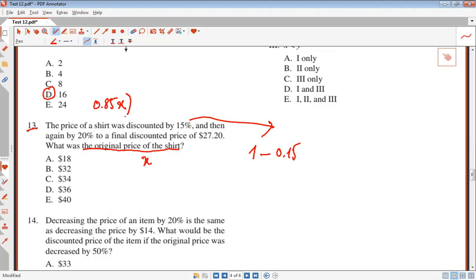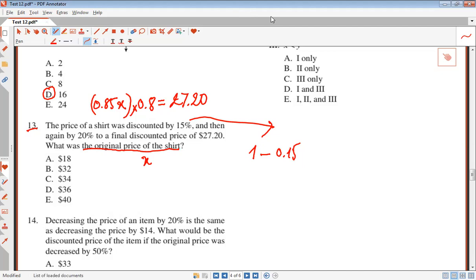And for the second discount, 20%, we multiply by 0.8, which equals 27.20.